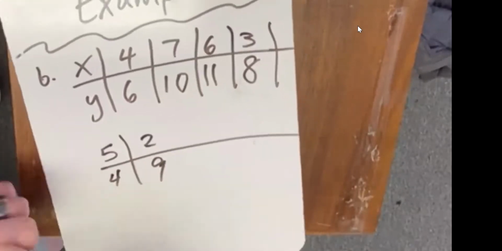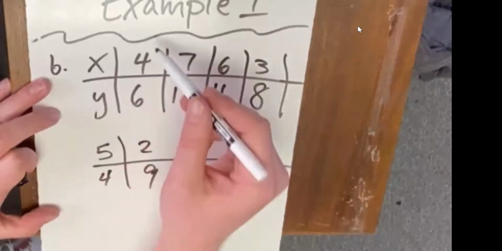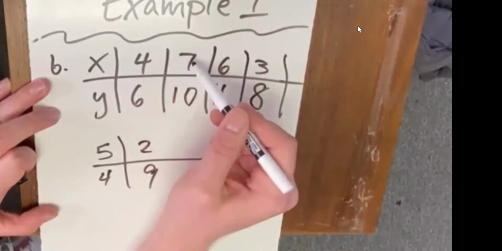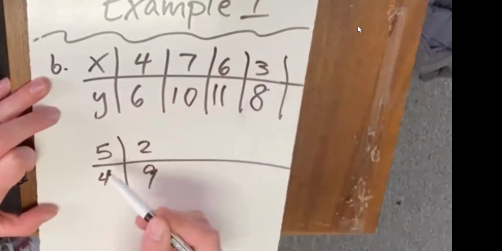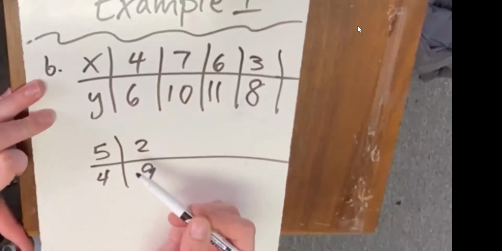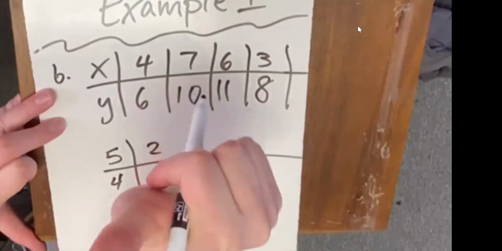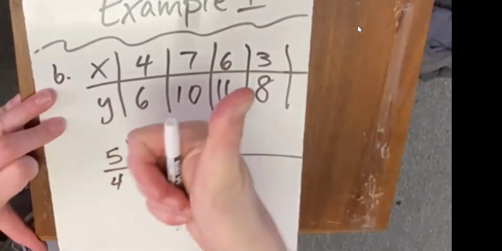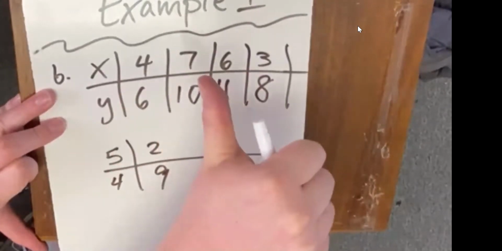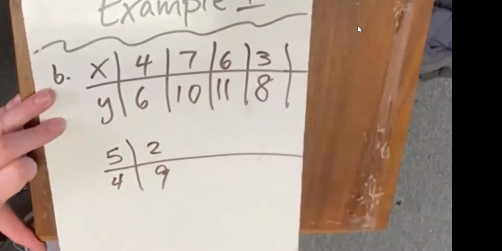So first off, we have to look at our x values. We need to look at the 4, the 7, 6, 3, 5, and 2. None of those numbers are duplicates, so that's good. Thumbs up. There we go. We'll figure it out eventually. And then I need to look at my y's.